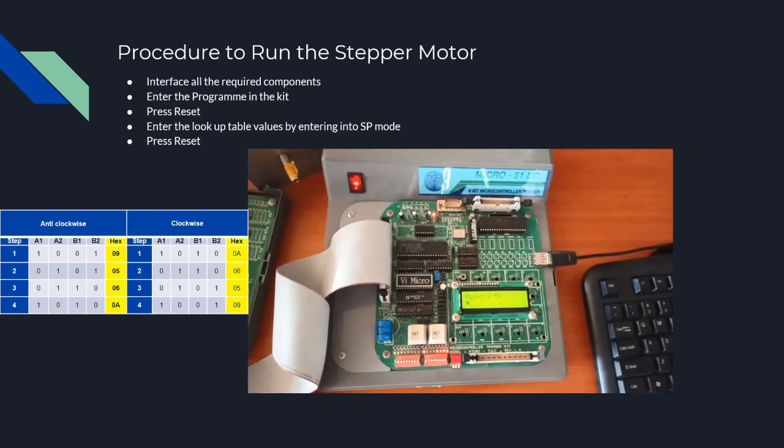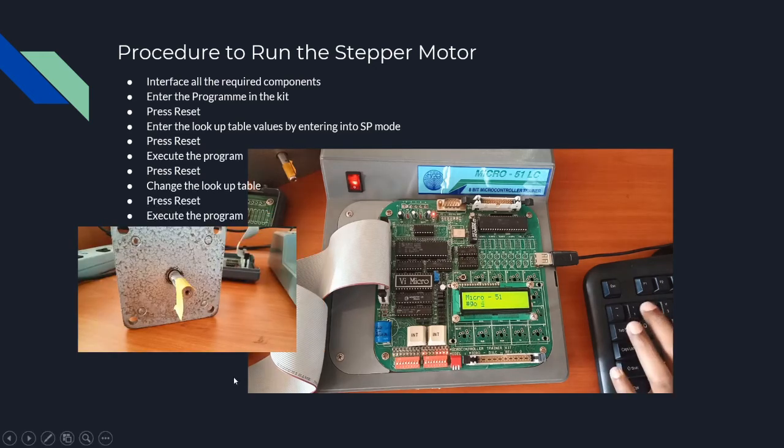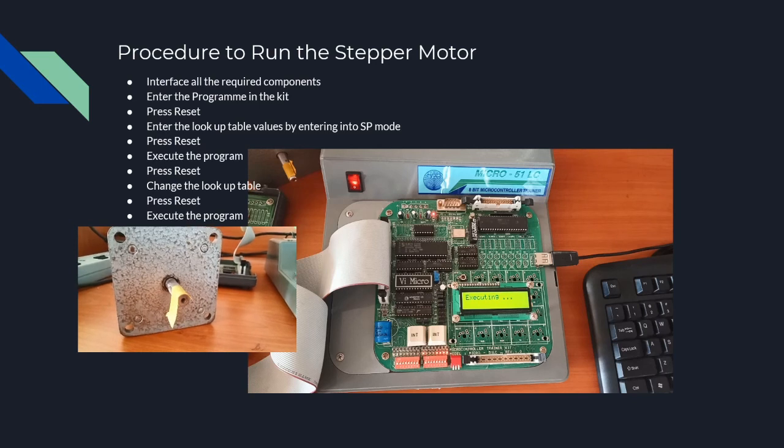Then again press reset. For executing the program, you need to type go, starting address 4100, and then when you hit enter, the motor will start rotating based upon the order in which you have given.